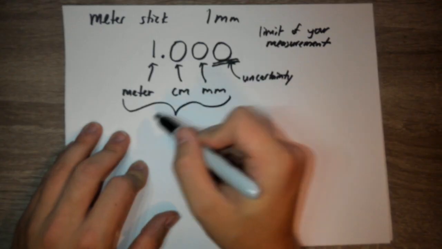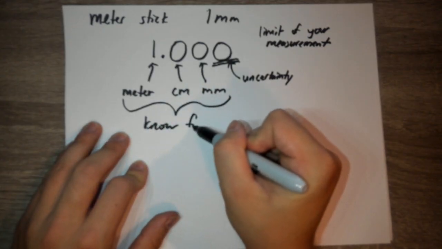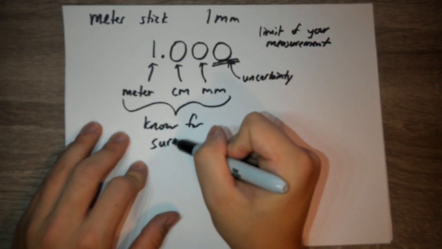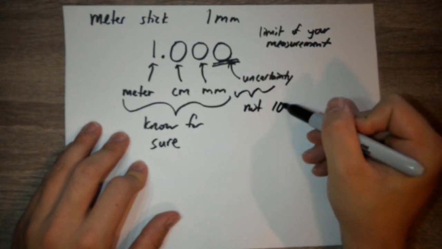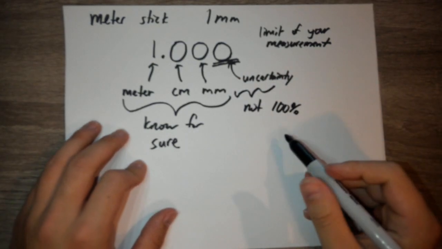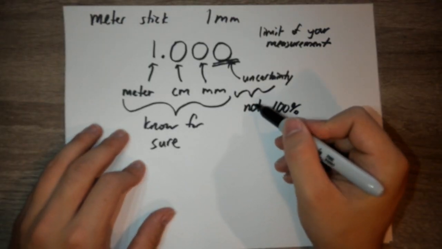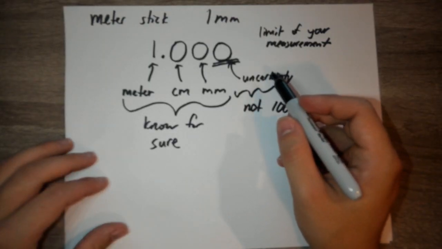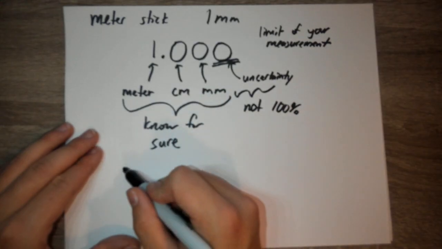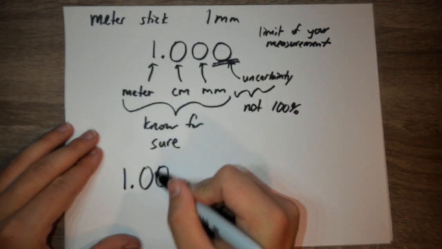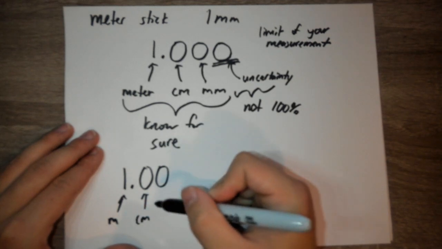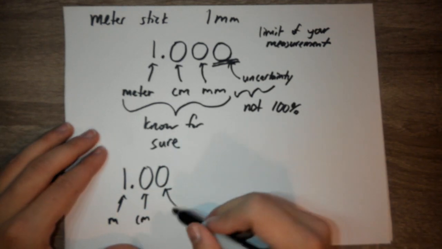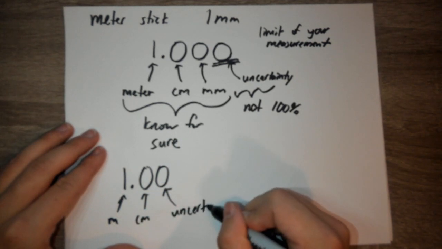These you know for sure. And then this one is not 100%. And so that would be how you do it with the meter stick. If you didn't know up to the millimeters, you just take it off. You got your meter, your centimeter, and then you've got your uncertainty.